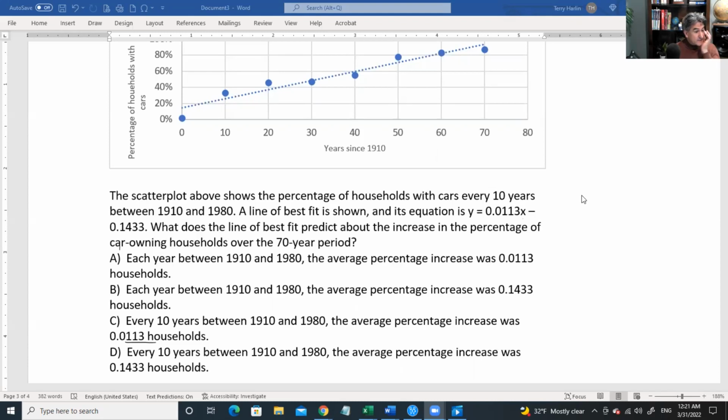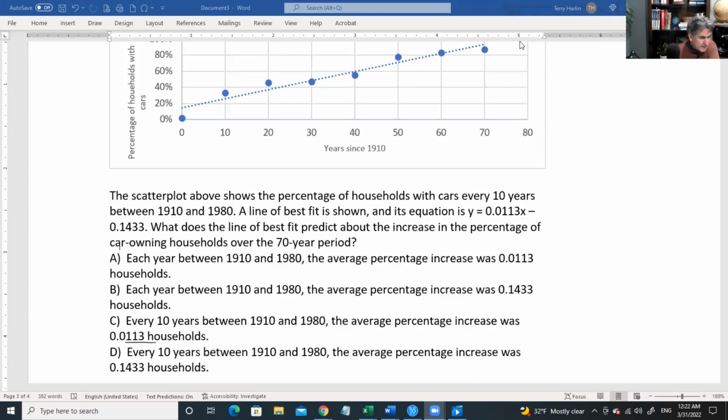Okay, so let's look at what those two data bits mean. The increase in the percentage of car owning households. Is that on any axis? Yes, it is. Percentage of households with cars. There we go. Over the 70-year period. What 70-year period? Let's see. It starts at 0 and then goes to 70 years, and there's no more data after that.